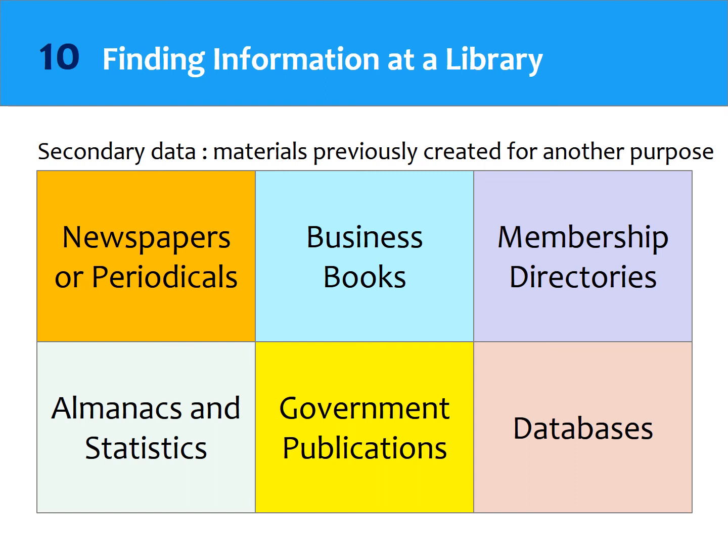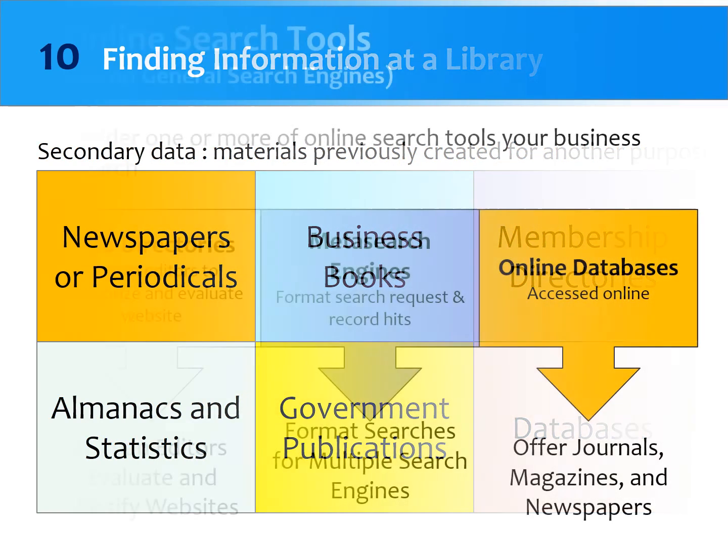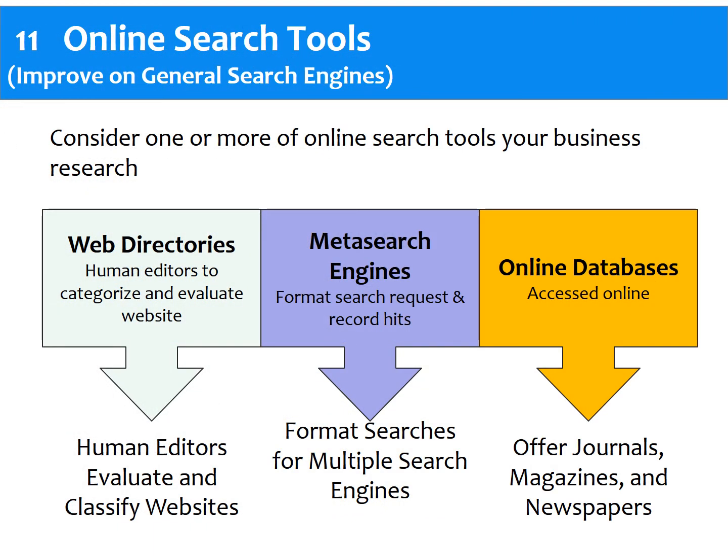For example, newspapers or periodicals, books, statistics. You can also find government publications and other databases. These secondary data are useful in getting our proposal or report ready. Now the next one is online search tools. We may want to consider one or two online search tools in conducting our business research.